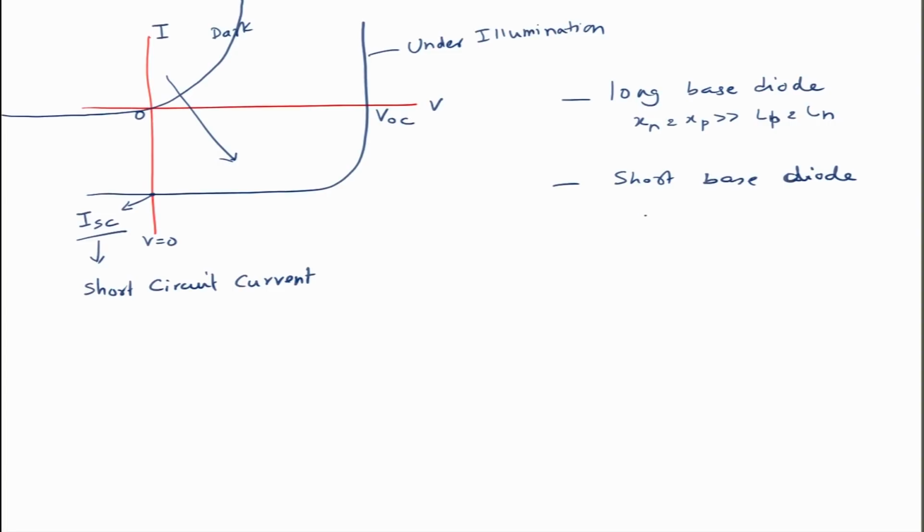In case of short base diode, you say that your Ln and Lp are larger than Xn and Xp. So, when the diffusion lengths are longer, then Sn and Sp are relevant because you will have surface recombination, and here Sn and Sp are not relevant.